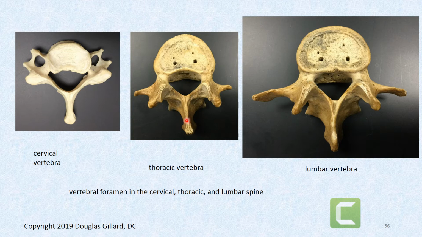Spinous process is angled downward. You can't really tell by this. We'll get to that when the time comes. But there's its vertebral foramen. Lumbar vertebrae is much bigger, and transverse processes stick straight out like airplane wings. And yeah, there's its vertebral foramen as well.